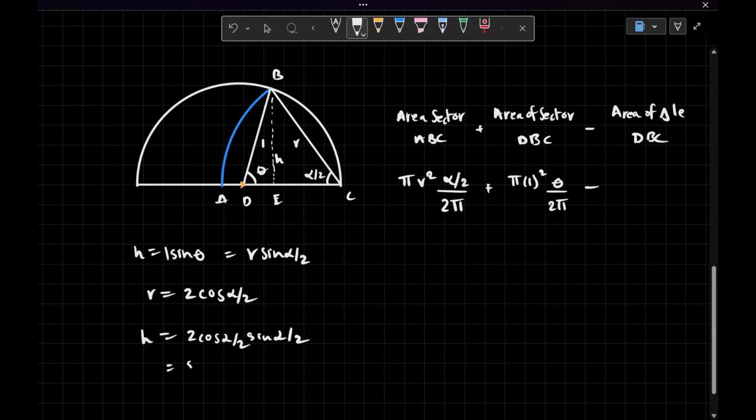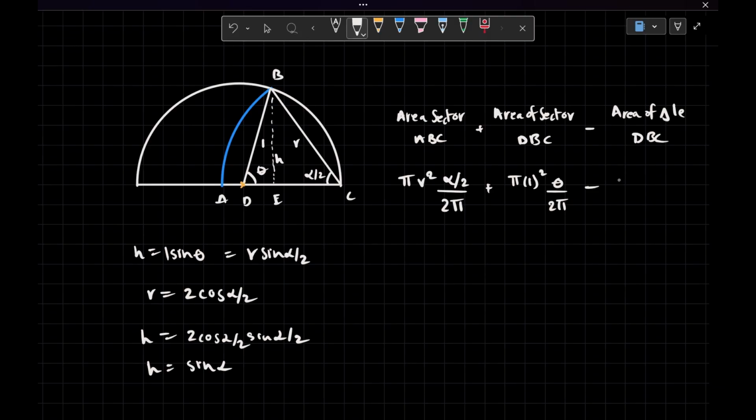So interestingly, we came to a relation where h is equal to sine alpha, and it is also equal to sine theta. We are going to talk about this when the time comes, but for now we'll keep h as sine alpha and proceed with this.